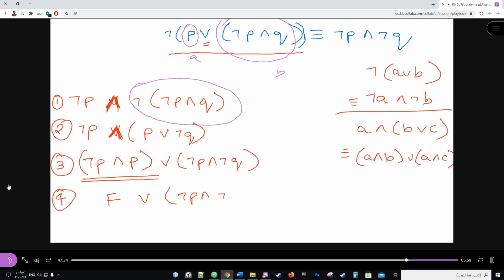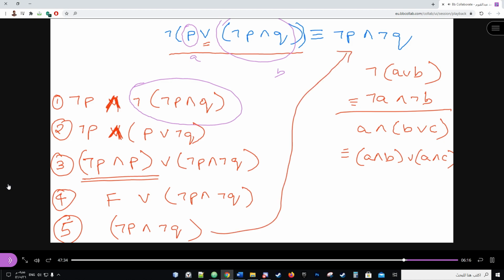What is false or something? False or something is the something. Very good. So we have not P and not Q, which is the same as the right hand side. So we proved this using laws instead of truth tables. So this is another way of doing it.